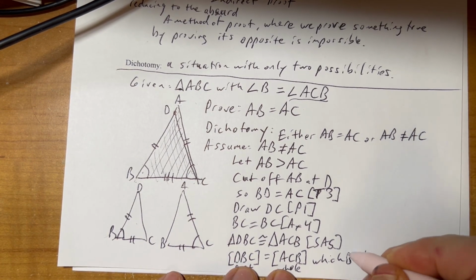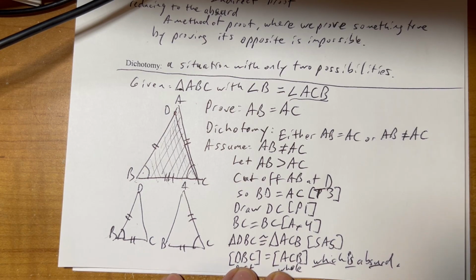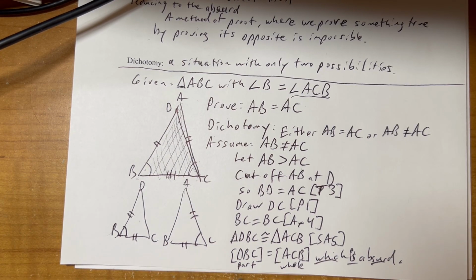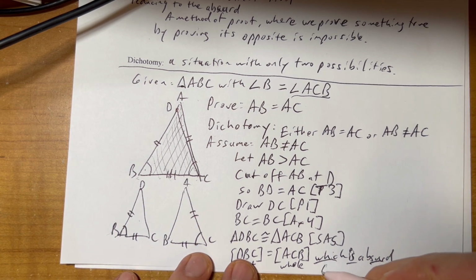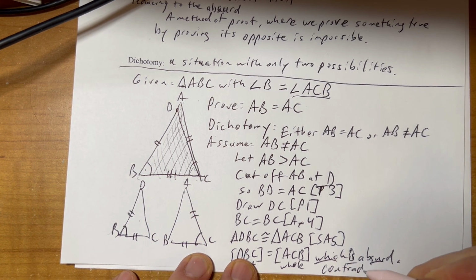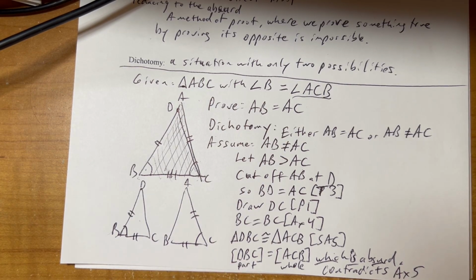That's the fun part of this proof, is that you get to say that something's absurd. And clearly it is. The part can't be equal to the whole, because that contradicts established axiom 5, that the whole has to be greater than the part. The whole can't be equal to the part.